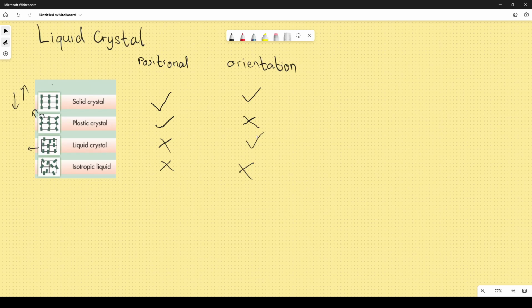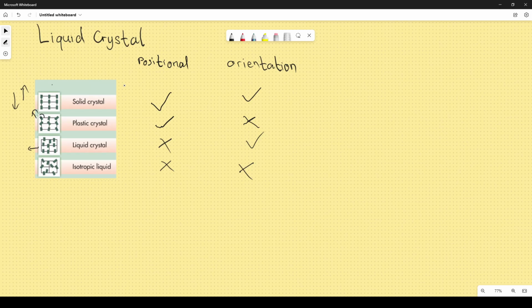So let me break that down again. Molecules in crystals possess both positional and orientational order, which keeps the molecules constrained to point in one certain direction and to be in one certain position with respect to each other.